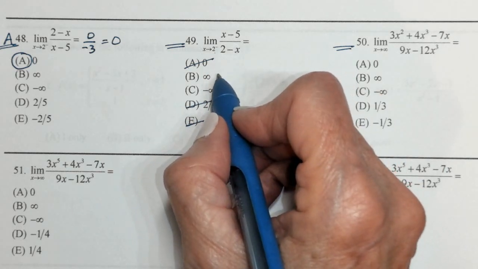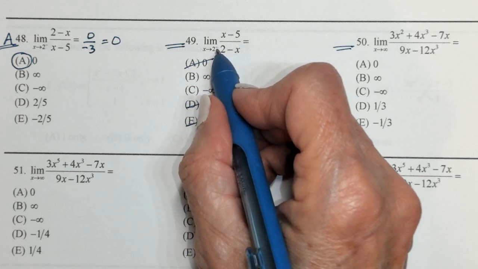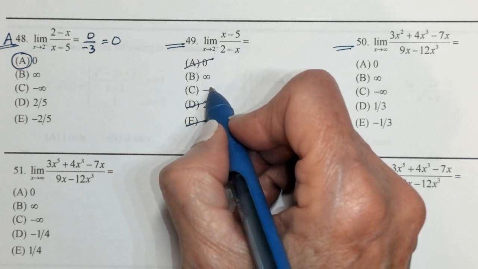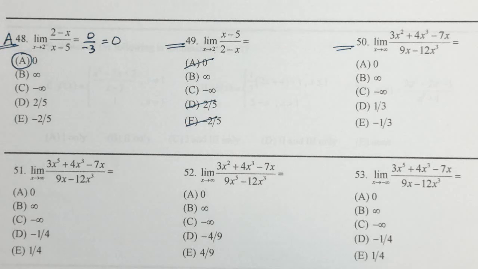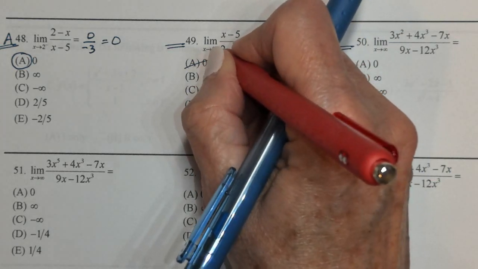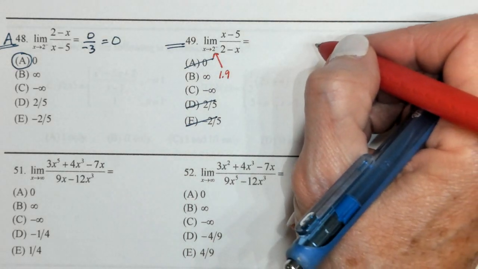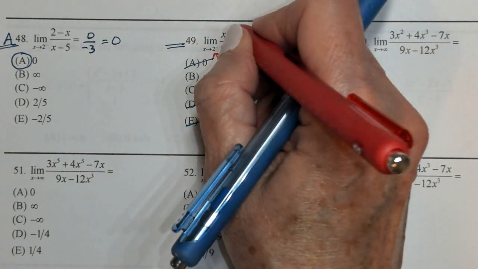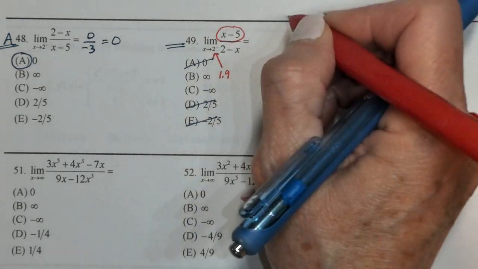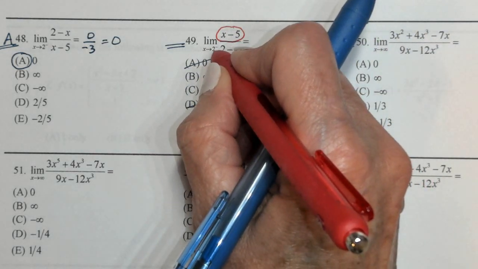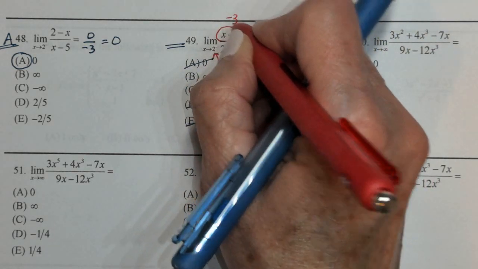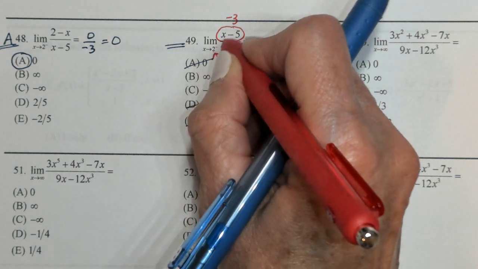There's an asymptote here. Is this side going to positive infinity or negative infinity? To figure that out, I plug in a number very close to 2 but on the left, maybe like a 1.9. Up on the top, that is going to stay negative 3, because we can put the 2 in there.